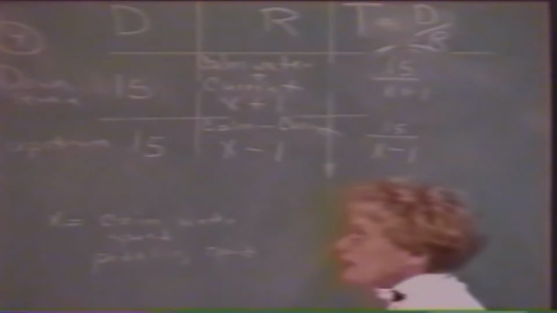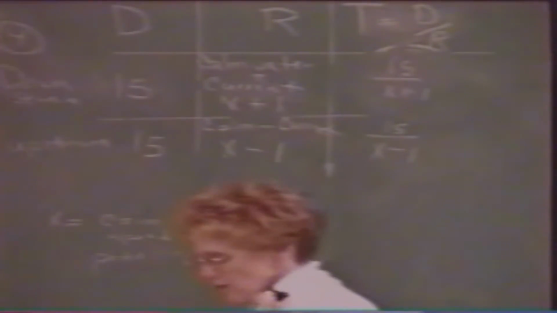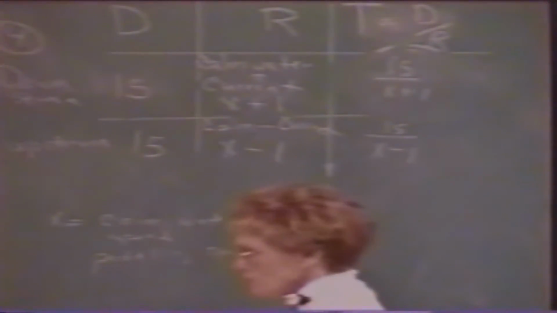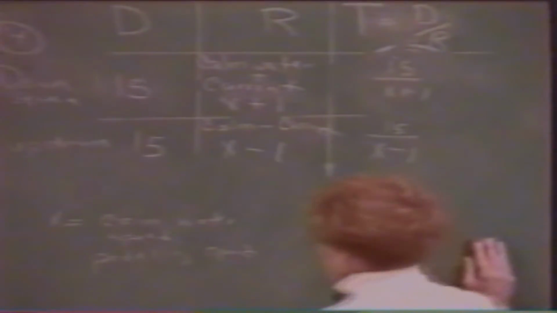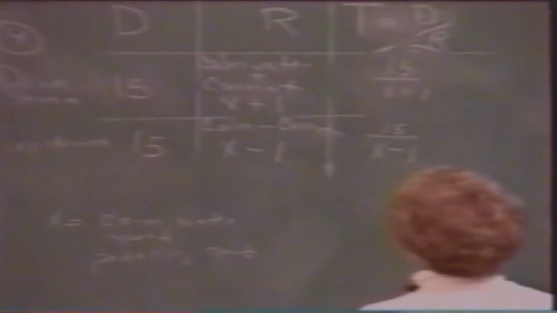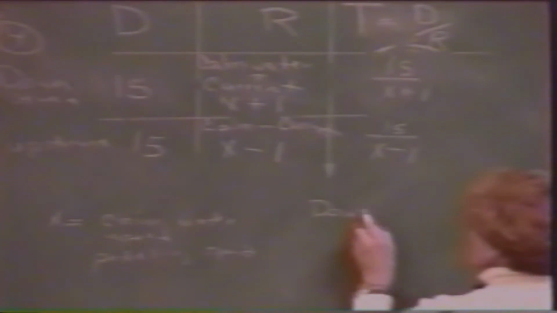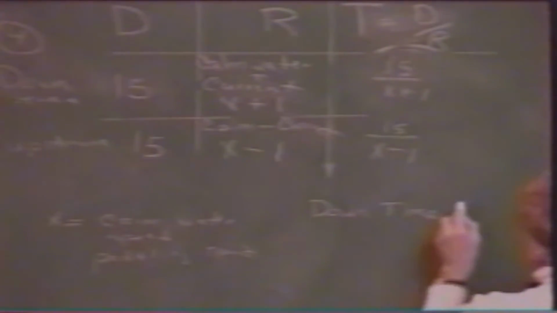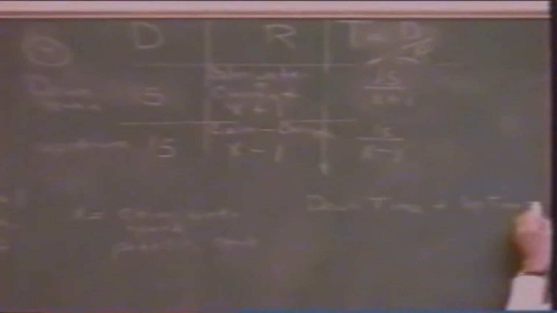Now, you've got to go back and look at the way the problem's worded again and decide which category this fits in. Is it a total, a difference, or an equal to one? It talks about the total. So we're going to have the down time plus the up time equal to, what's the total time? What does it tell us? 8.